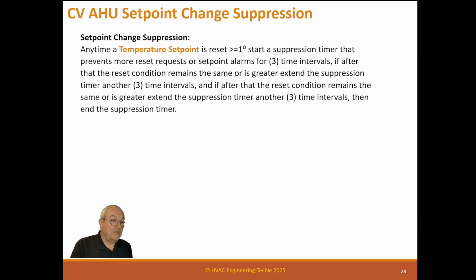That condition exists, so it sends us some requests. Then we go into our interval, and if at the next interval the room hasn't changed temperature, then that box is going to send us resets again. And if it doesn't change, it's going to send us again. So if we don't suppress it, it will continue to send us requests and can even do alarms. So it could do multiple alarms.